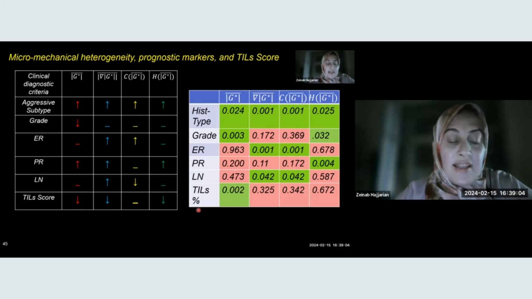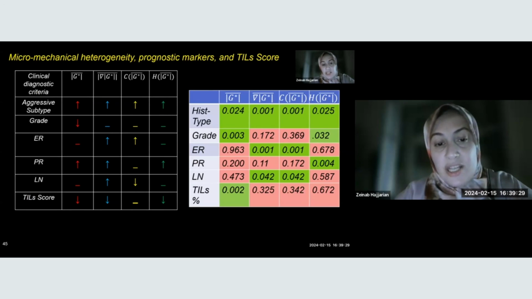This is an observation that is expected from other immunological studies that suggest that a stiffer tumor microenvironment might prevent the infiltration of immune cells into the tumor microenvironment. We also did a multivariate regression analysis to control for the effect of all of these clinical markers and identify which of them are actually independently associated with the micromechanical heterogeneity indices.